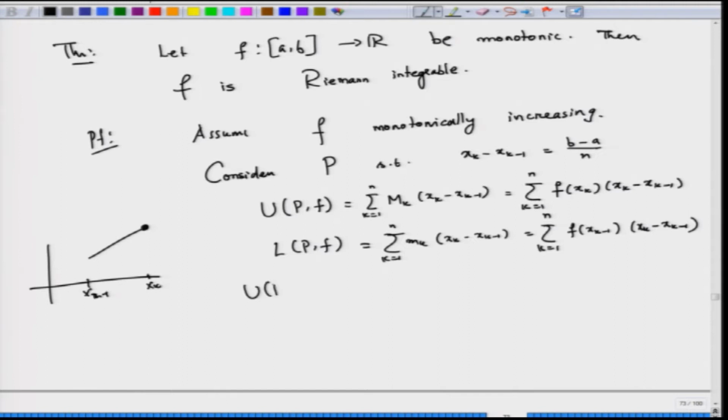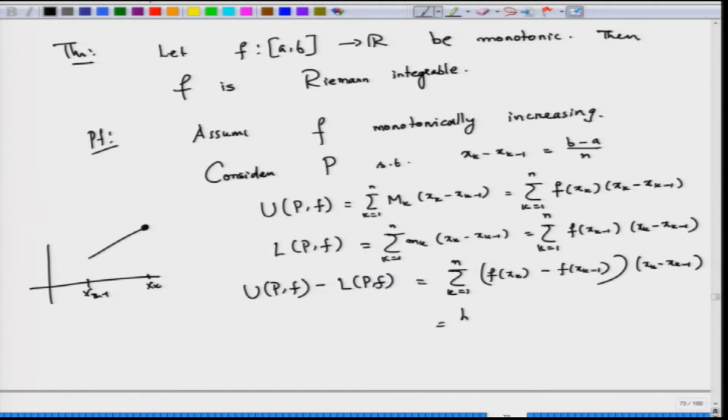Therefore, for this particular partition, U_P f minus L_P f is equal to the summation over k equal to 1 to n of (f of x_k minus f of x_{k-1}) times (x_k minus x_{k-1}). Now, we are choosing a particular partition where all the x_k have equal length.